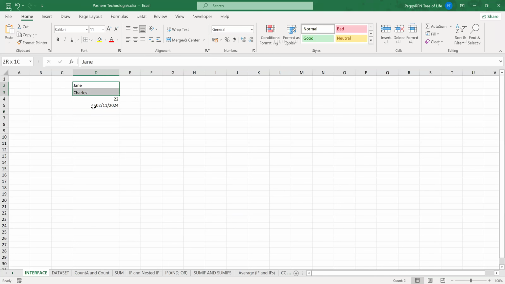Now, if I highlight all of this, and come here and click on text, you see my numbers are also seen as text too. And even the date has changed.